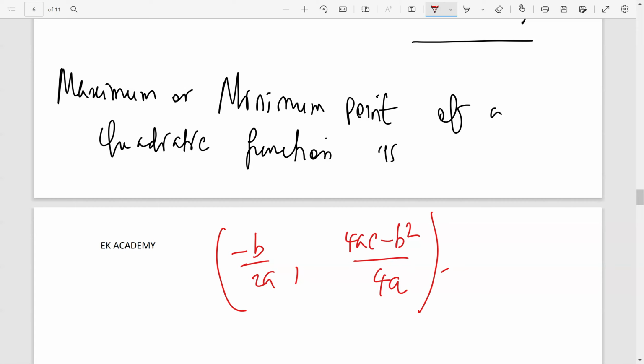So that is how we are determining the minimum or maximum value.